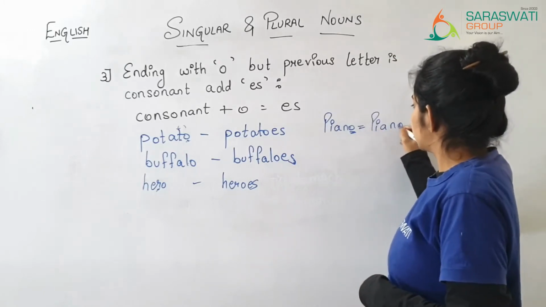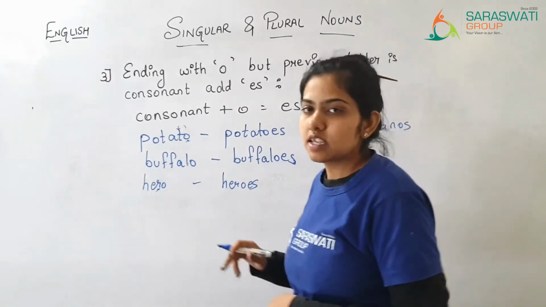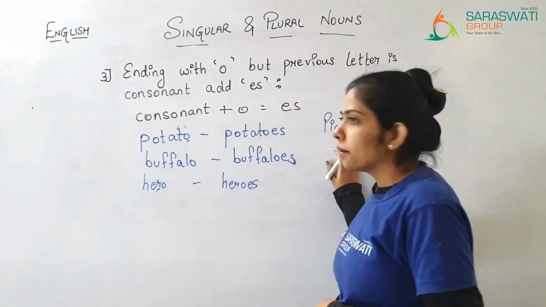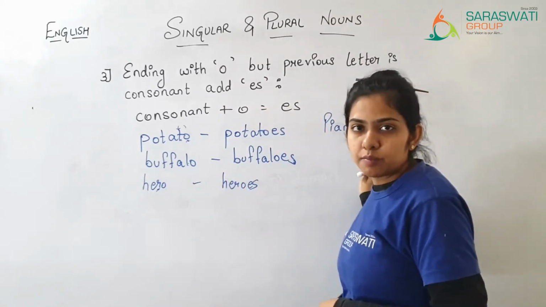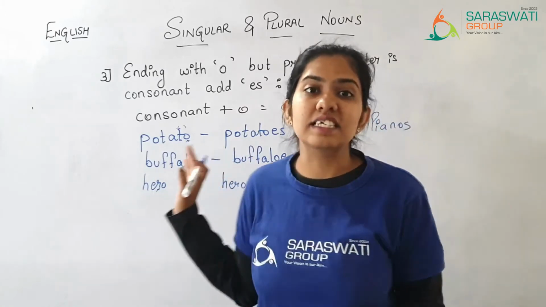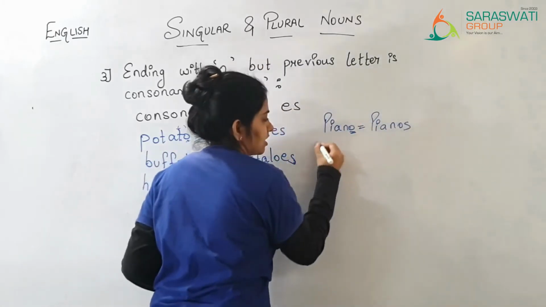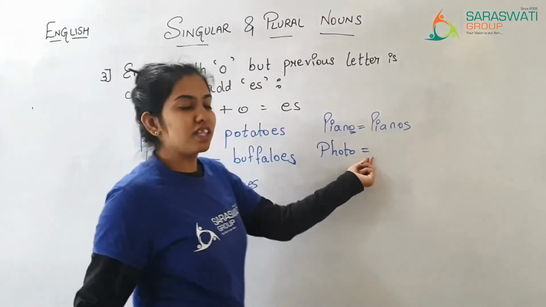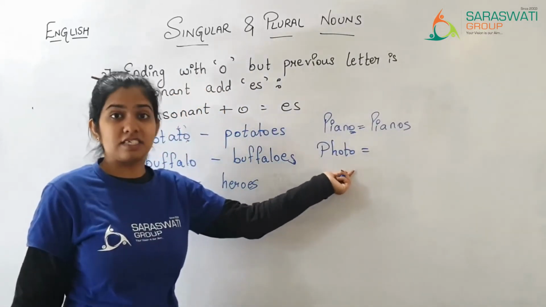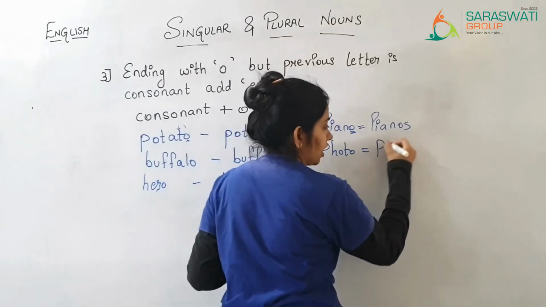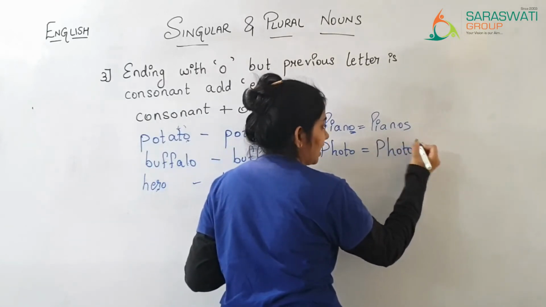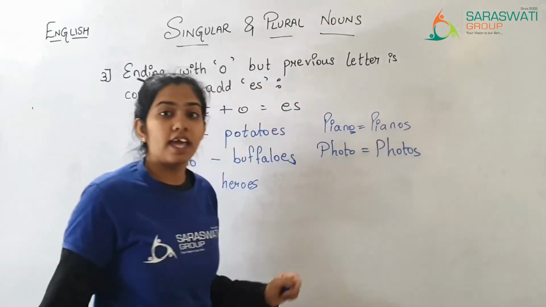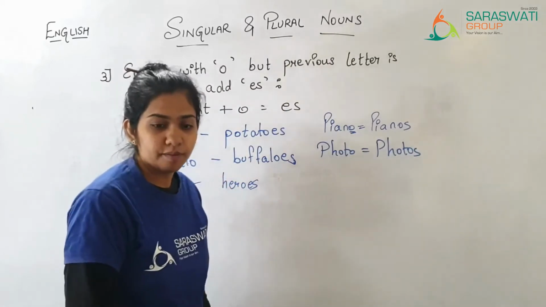Over here we are adding s, because these words are the exceptions. Now take an example of photo. Photo is ending with o and the previous letter is consonant, that is t. But then also we are not adding es, and we are adding only s, that is photos.